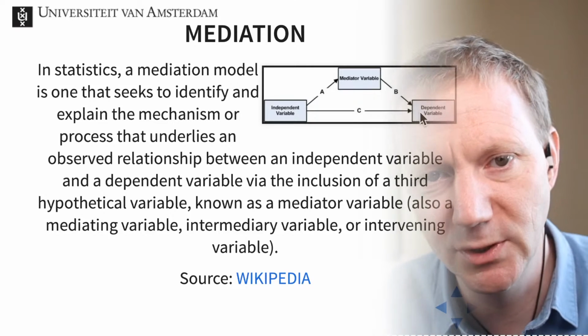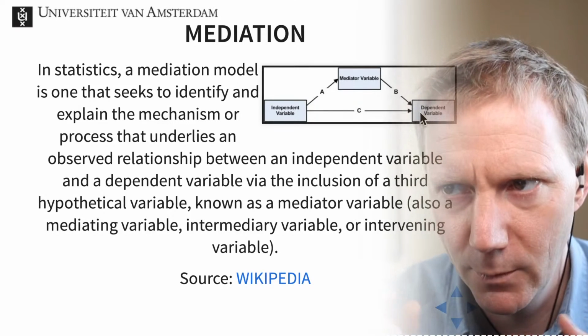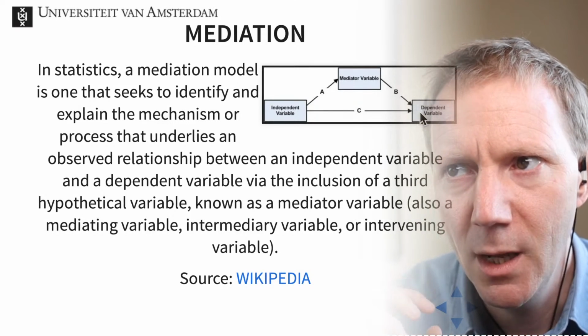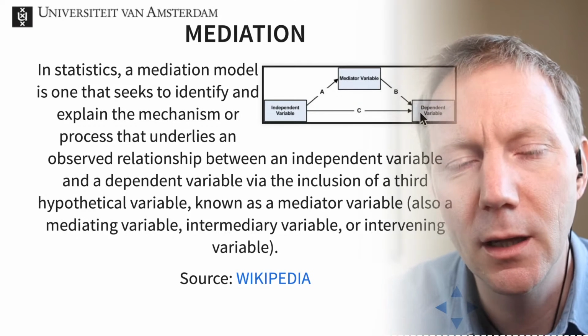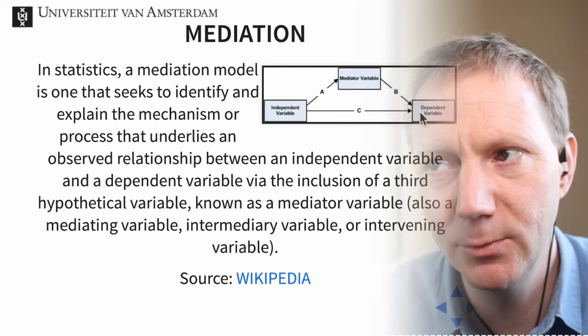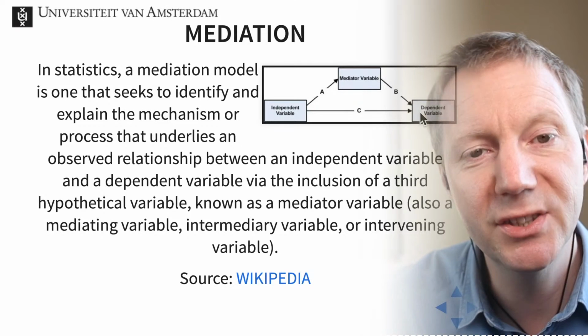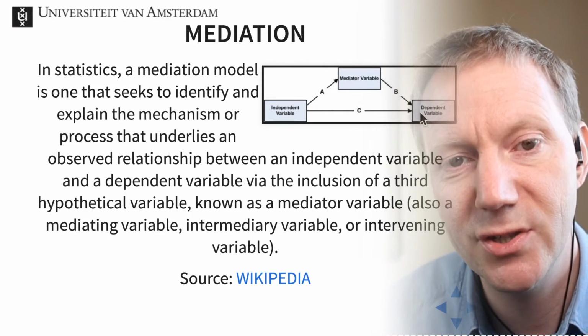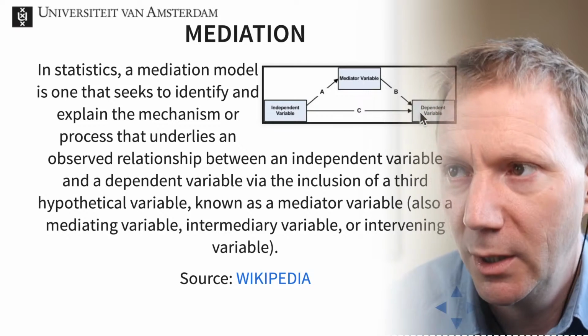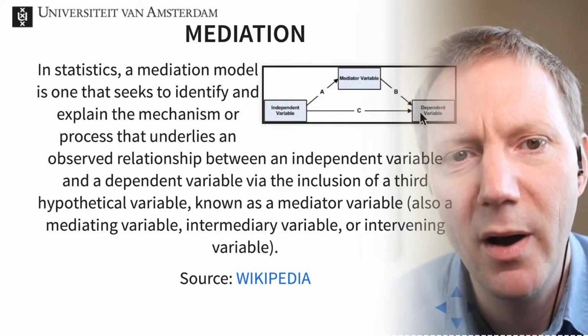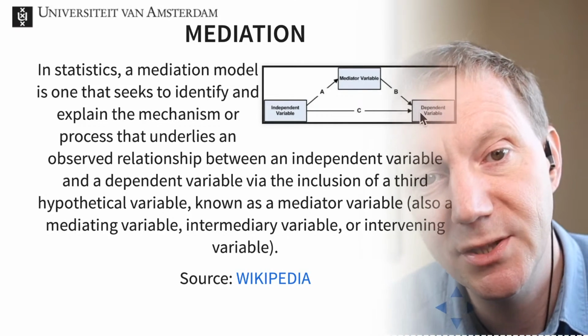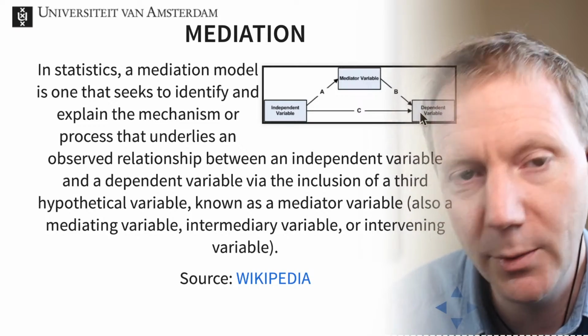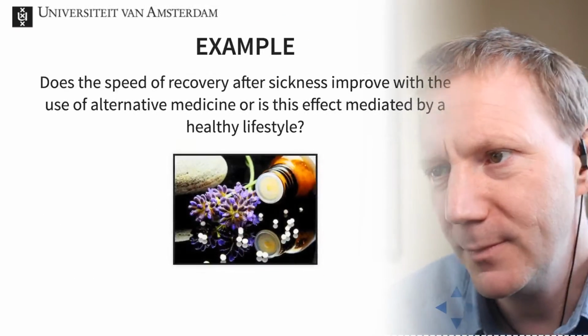And what we'll see is that by running a different regression analysis, we can actually assign the beta coefficients of our regression model to these paths, and that is essentially what is done with the mediation analysis.